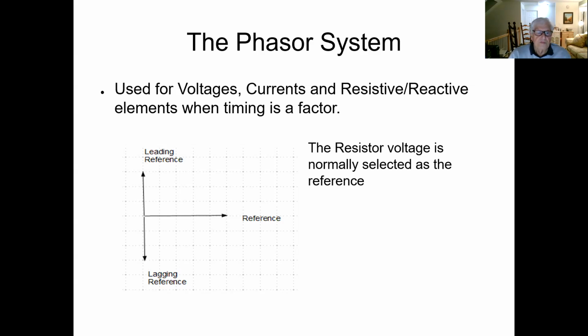And the same thing with inductors. So we use a reference, which is the horizontal x-axis. Normally that's our resistor or our true voltage, or the applied voltage. And the voltages are either leading in the case of an inductor or lagging in the case of a capacitor.